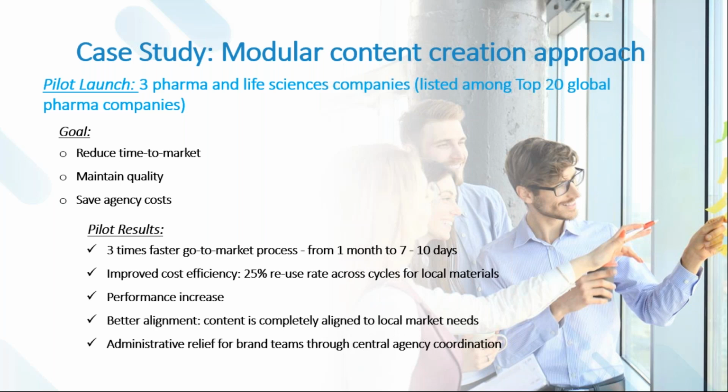And of course, the performance also increased thanks to outstanding commercial content quality and better adoption by the company's sales representatives, as well as the end customers. Alignment was increased since content was completely aligned to local market needs. There was also administrative relief for brand teams through central agency coordination.